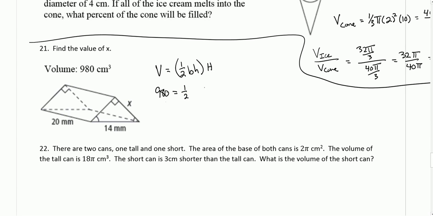We could say, if we let the base of the triangle be 14 times the height of the triangle, which I'll label here, times the height of the prism, which would be 20, we end up with 980 equals 140h. Divide by 140 and we get the height is 980 divided by 140, which is 7 millimeters.